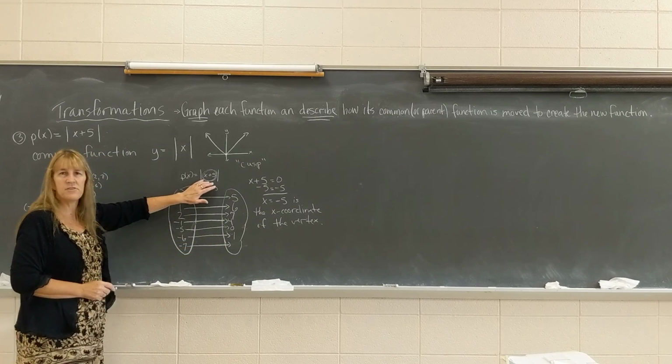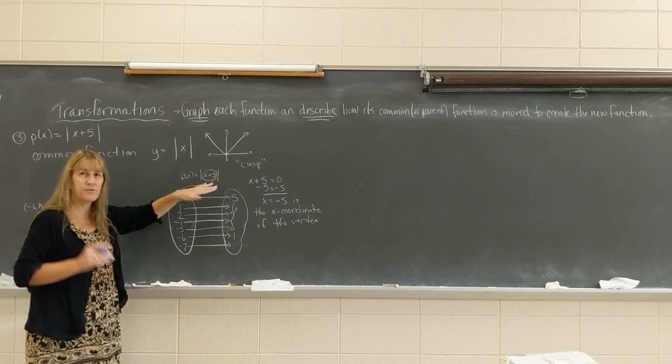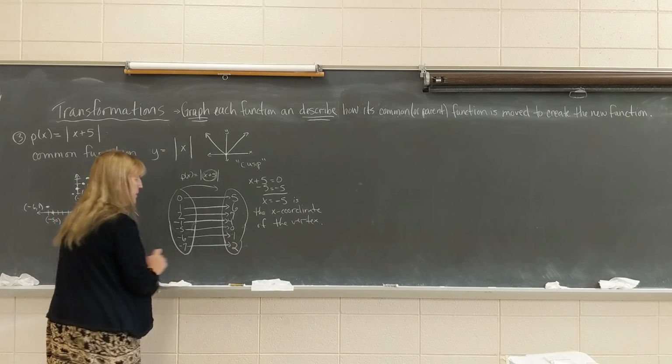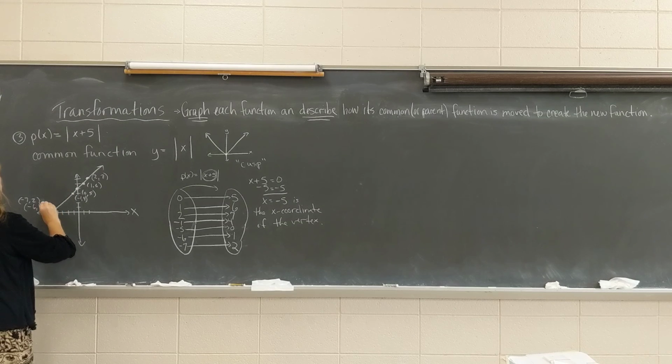Negative 7 plus 5 is negative 2, and negative 2's absolute value is positive 2. Okay, so negative 7, positive 2 is up here. Actually, it's probably down just a little bit. And my absolute value function should look like this. If you miss a point, just make it look good.